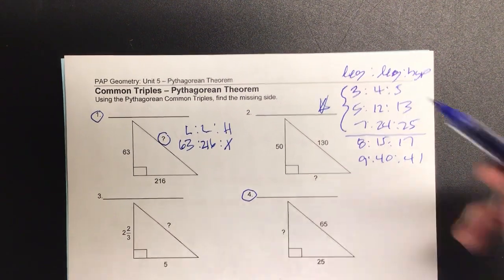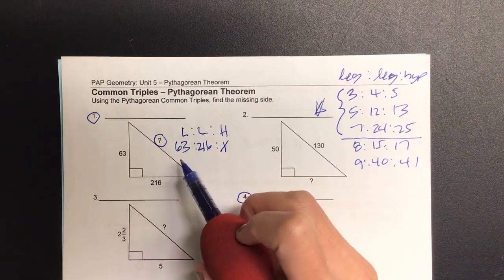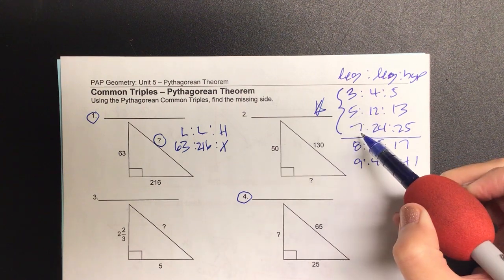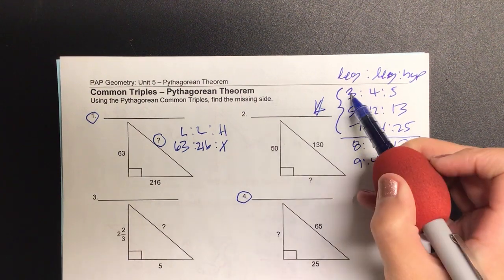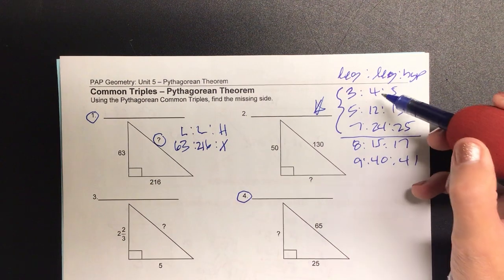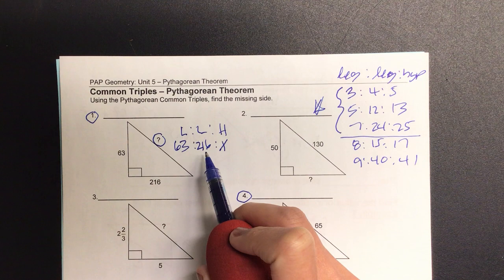And then I'm going to go to the side over here and ask myself, which one has the same ratio? So 63, 3 can go in, 5 can go in, 7 can go in, correct? So 3 can go into 63 how many times? 21, right? Does that mean 4 times 21 is also 216?